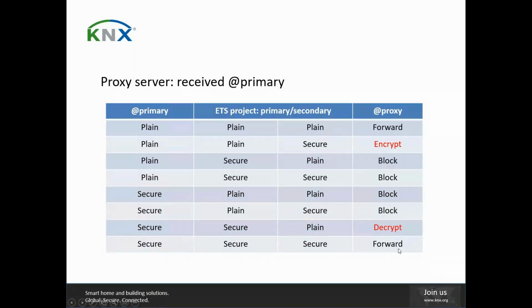And also here in the case of an unexpected situation, as the table indeed says, if the telegram for that group address is supposed to be a secure one, but a plain one is received, well, that is not okay, and therefore the telegram shall be blocked.